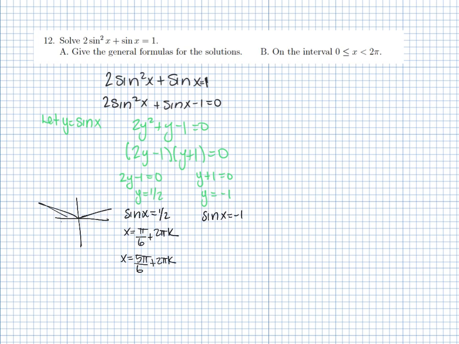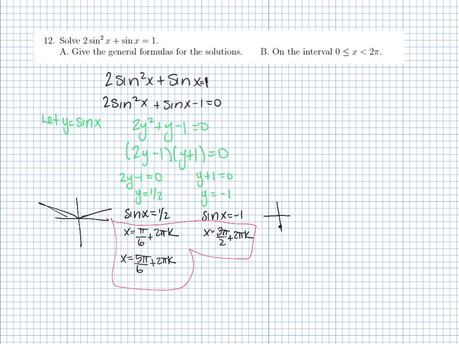For sine x equals negative 1, we know that this only happens down here, so x must equal 3 pi over 2 plus 2 pi k. These are the general solutions for number 12.